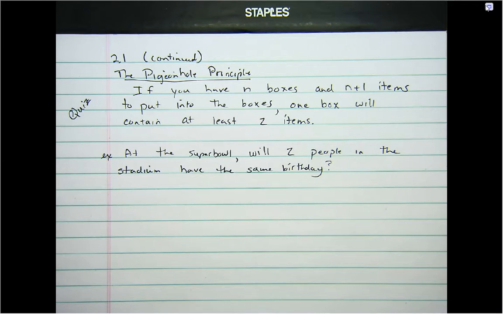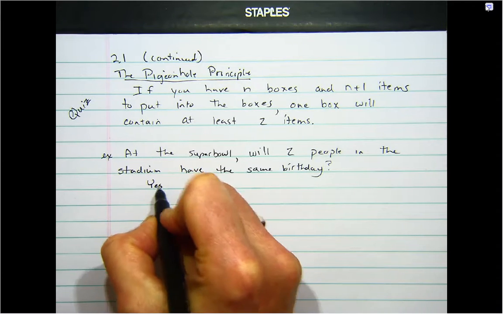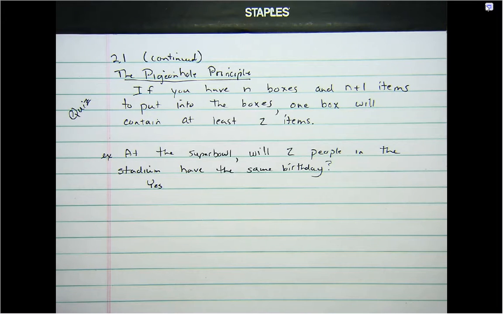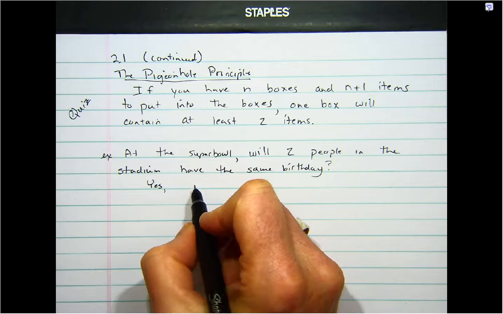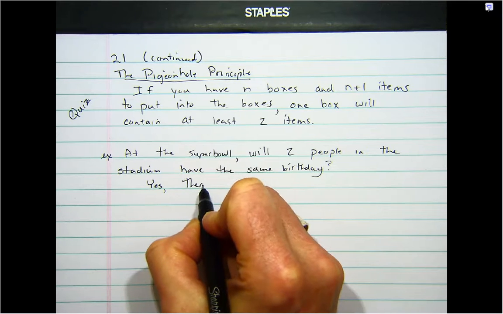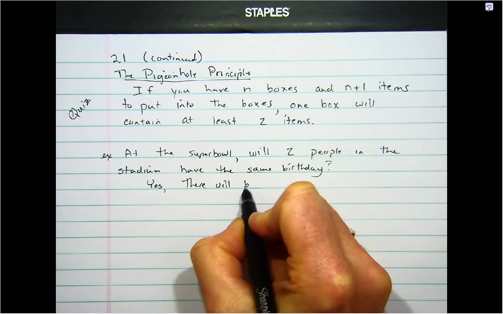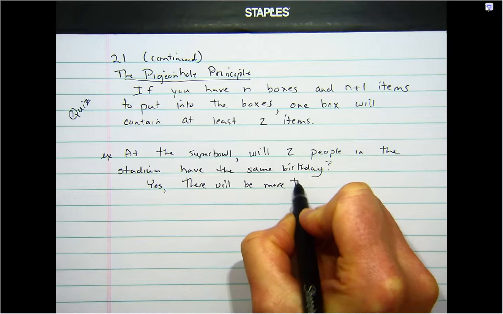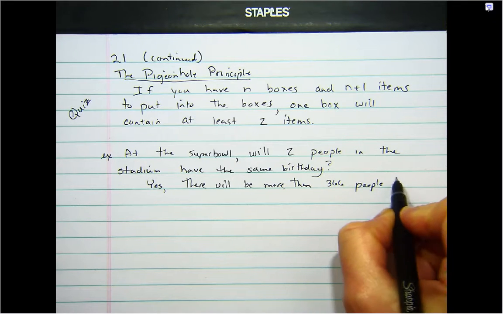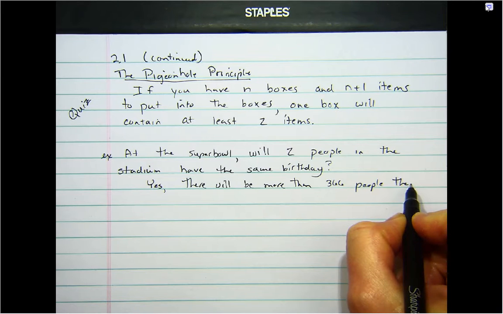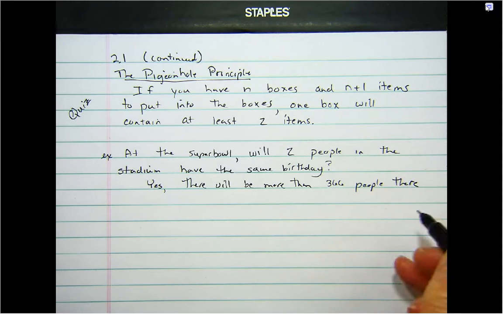Yes. And how come? Because there's going to be more than 365 people there. And I'll say 366 for leap year. So there's going to be more than 366 people there.